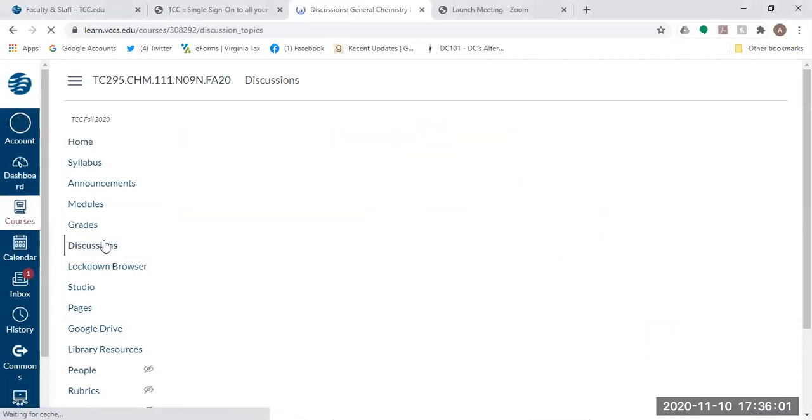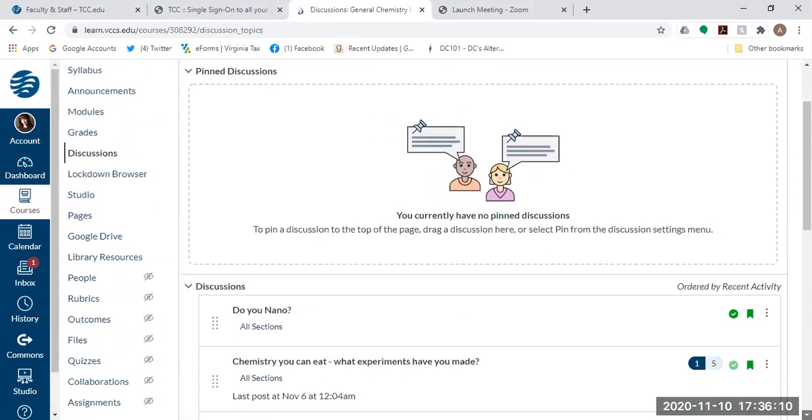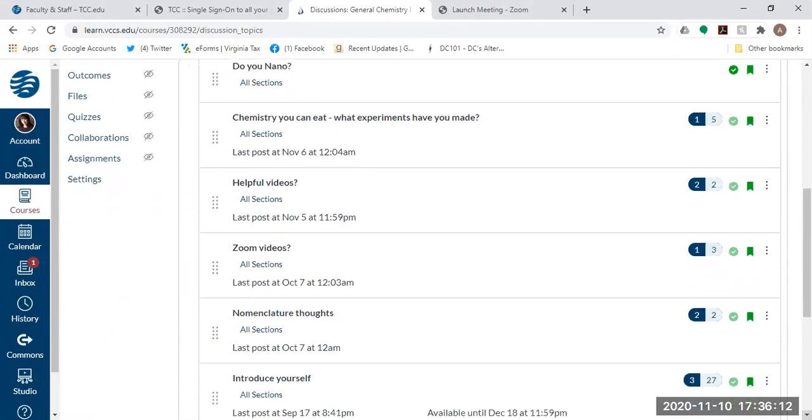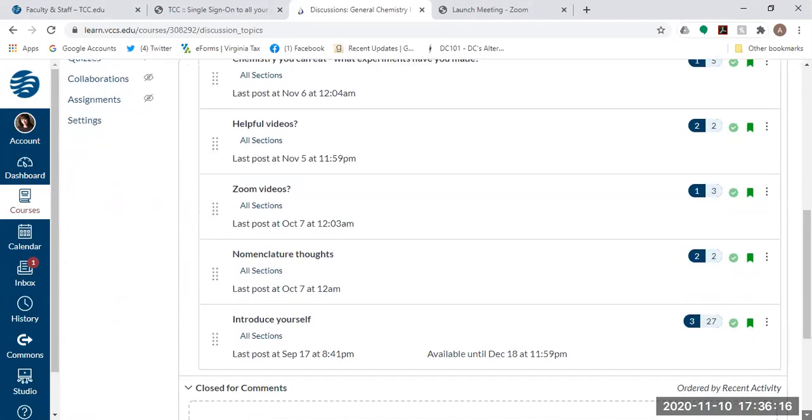If I click on discussions, okay, there's pinned. I didn't pin any of them, which just regulates which one appears at the top. And then if I scroll down, there are 1, 2, 3, 4, 5. There are 6 different threads.